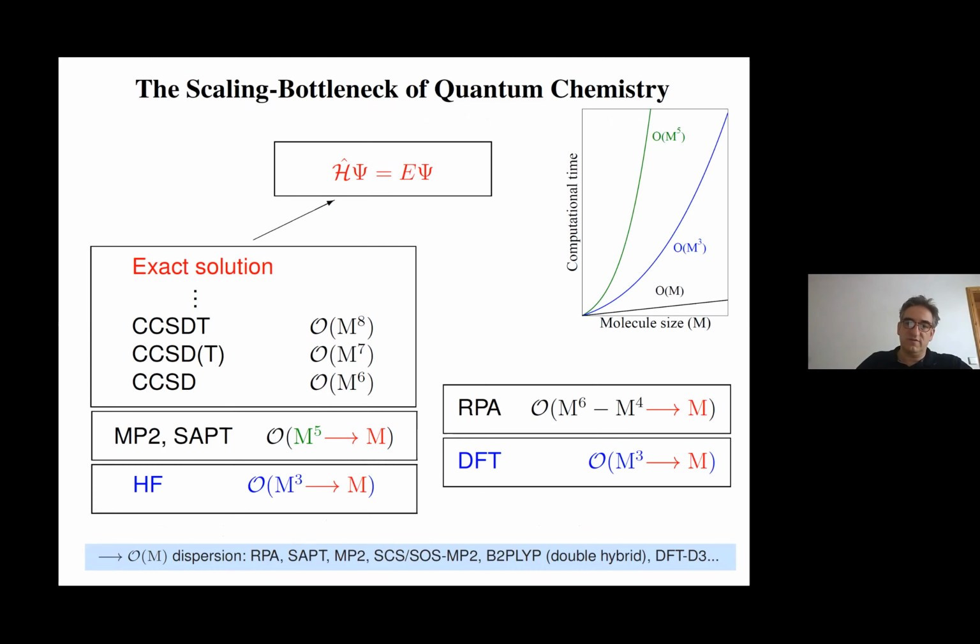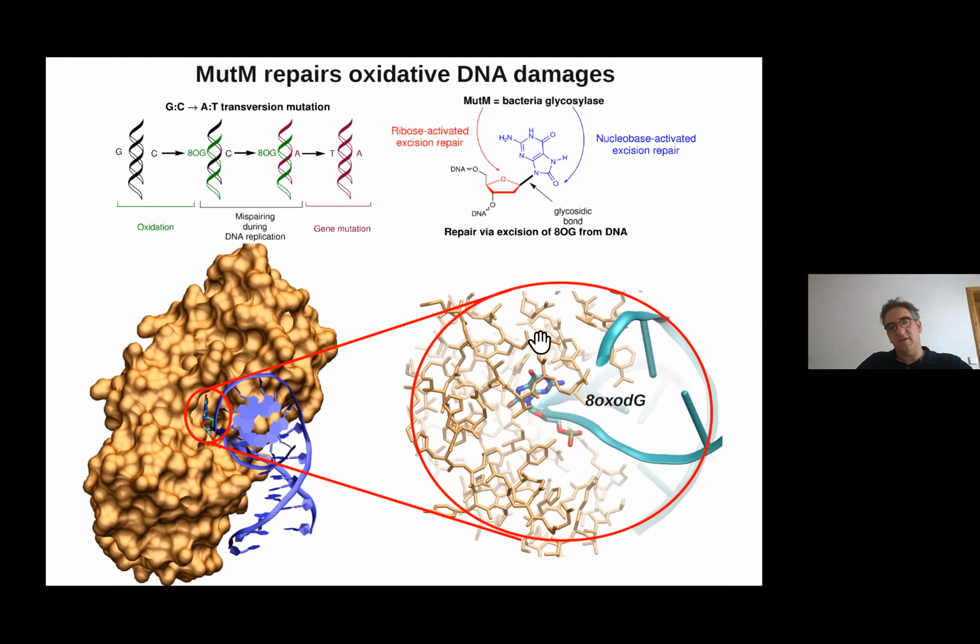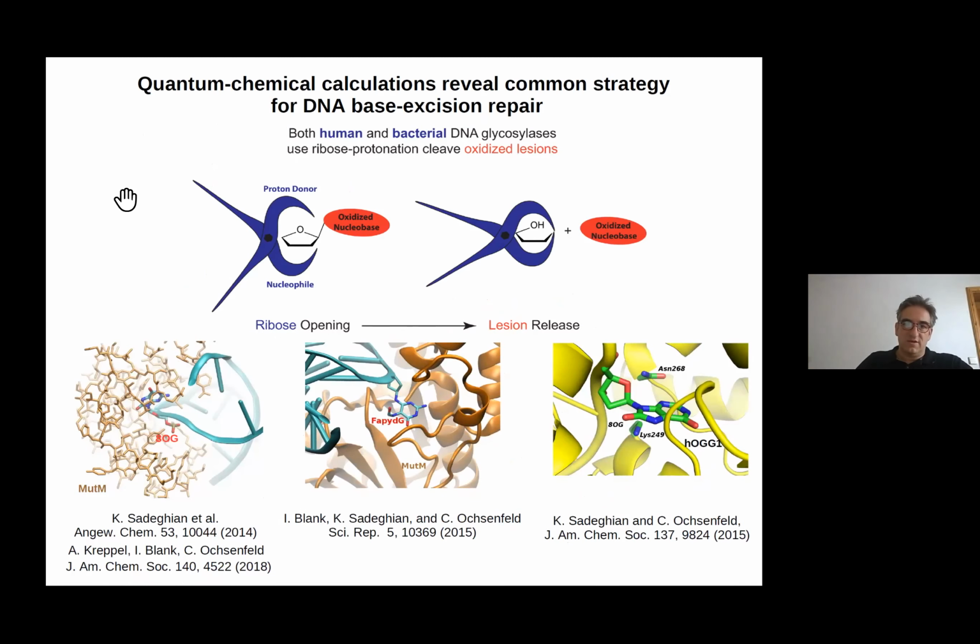large systems. And just to show you an example, here the DNA repair, which is an important subject, of course. Here you see a damaged base, which is turned out in the enzyme. And with our methods, we're able to describe large quantum spheres of the system in order to describe the reaction mechanism and to understand how these enzymes repair DNA, how do they cut the damaged base in order not to damage the whole genetics.